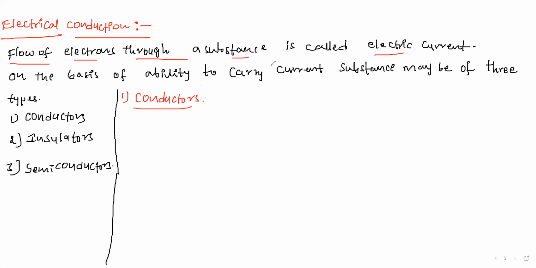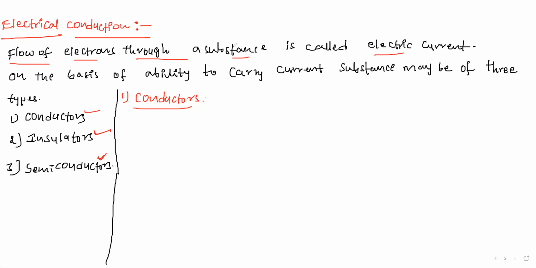On the basis of ability to carry current, substances may be divided into three types: conductors, insulators, semiconductors. Conductors are allowed to pass the electricity, insulators are not allowed to pass the electricity. Semiconductors allow electricity based on conditions like temperature.